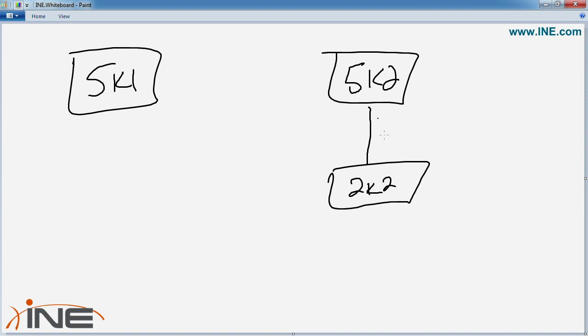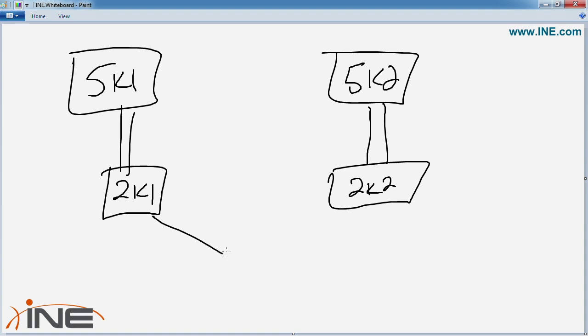Okay, so 2K2 single-homed. One FEX dies. The hosts are VPC, one link to each FEX. That's actually the same situation we were just talking about there, which is in this direction.